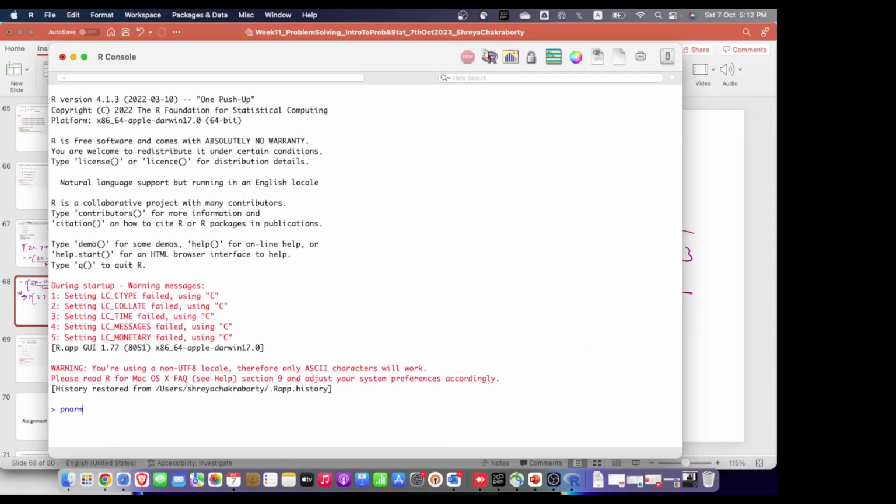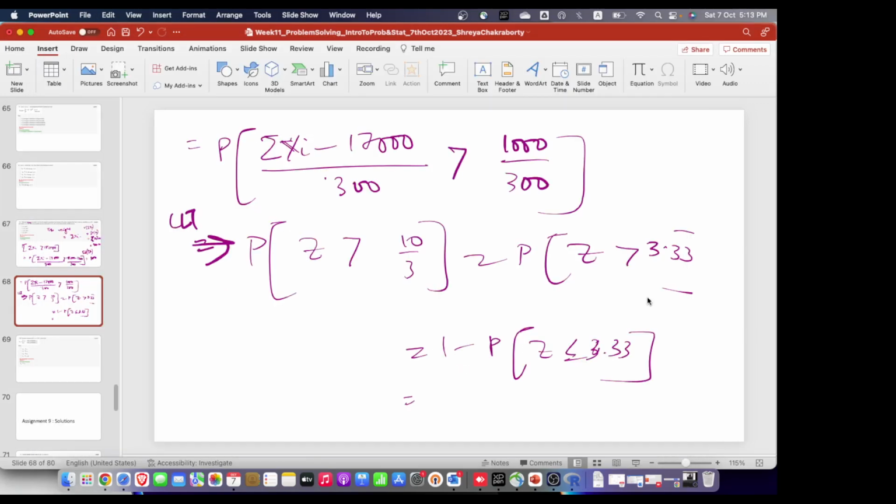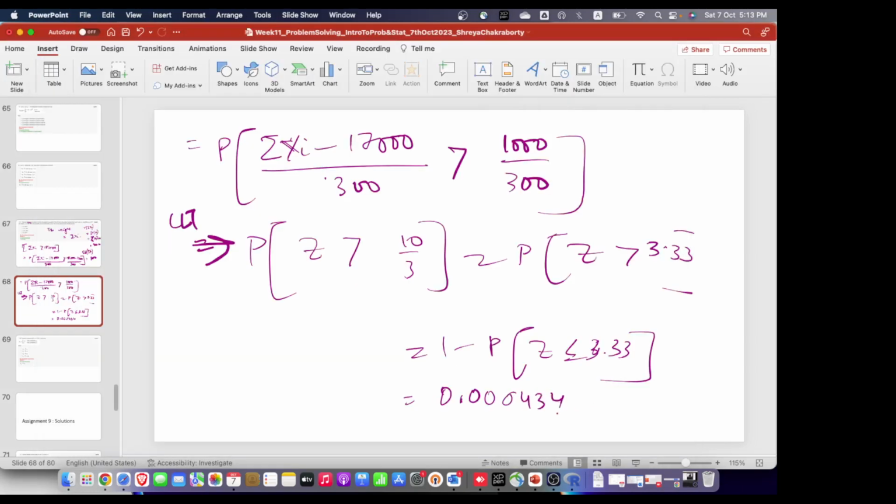So pnorm of 3.33 is how much? 0.99. So 1 minus this will be 0.00434. That is 4.3 into 10 to the power minus 4.